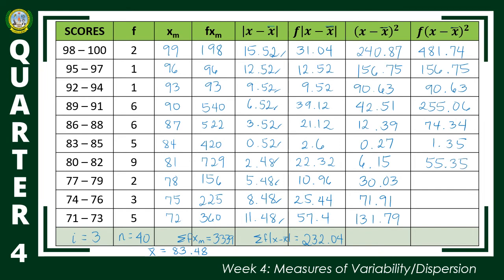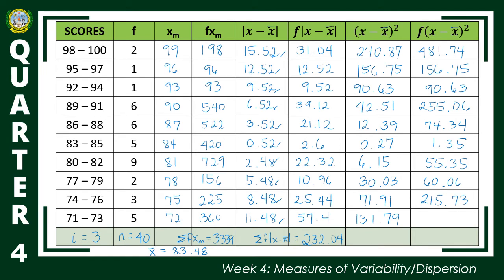Next is 2 times 30.03. So, the answer is 60.06. Okay, next is 3 times 71.91. That's equal to 215.73.